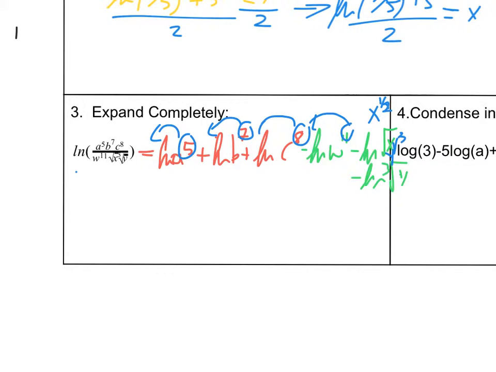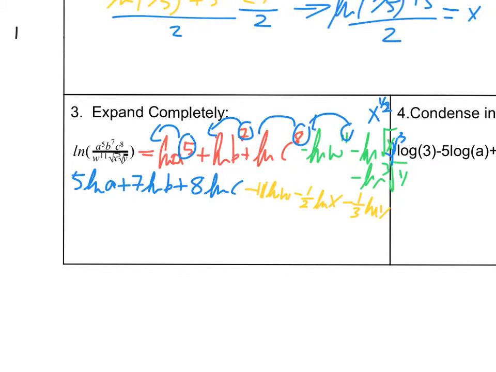So that would leave you with 5 ln of a plus 7 ln of b plus 8 ln of c minus 11 ln of w minus 1/2 ln of x minus 1/3 ln of y. That would be fully expanded.